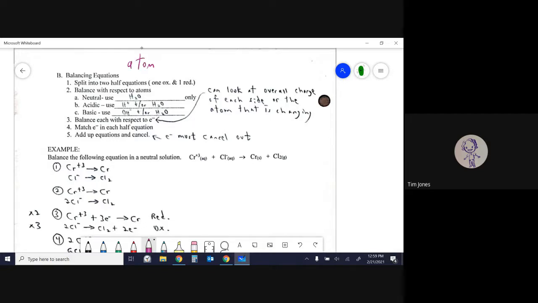We can't break the conservation of mass. And we also have to balance the electrons. And what I mean by that is, if somebody is gaining 5 electrons, somebody must be losing exactly 5. You can't have somebody gaining 5 if somebody else is only losing 3. So we're going to have to look at the electrons as well.